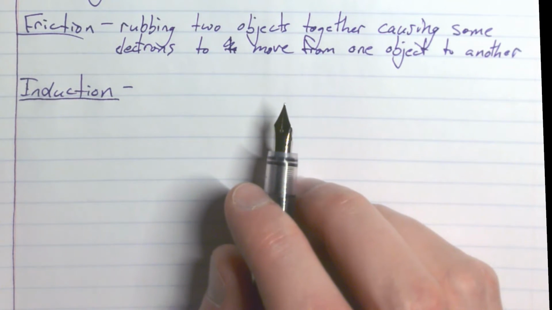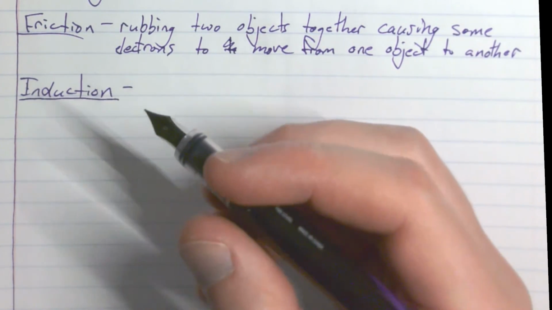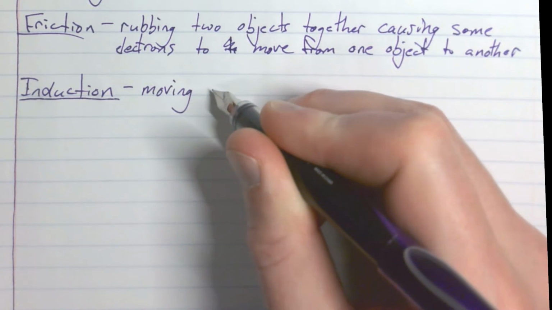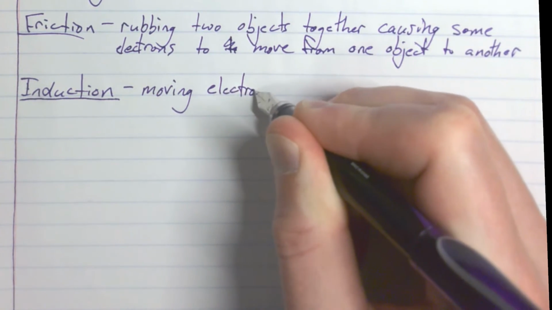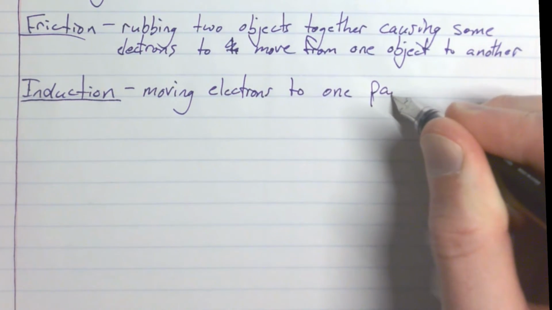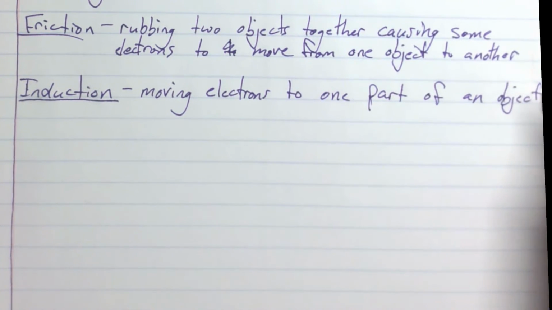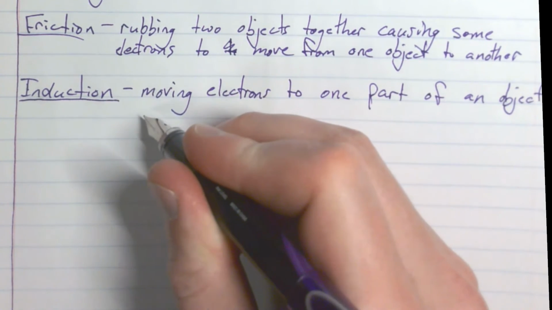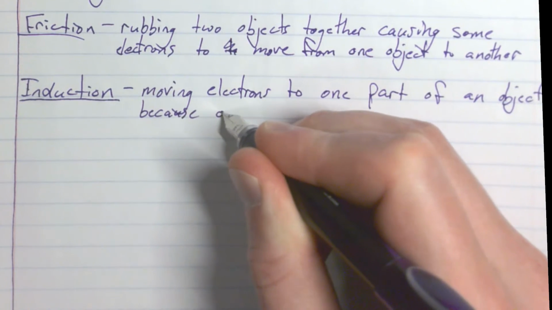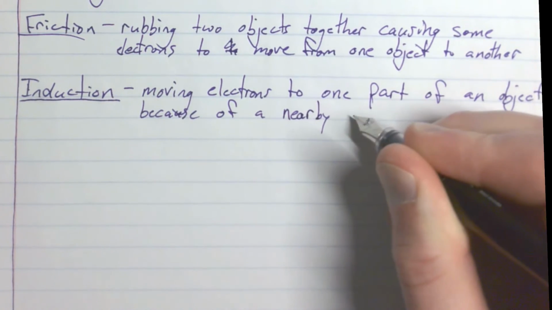And what that is, is moving electrons to one part of an object because of a nearby charge.